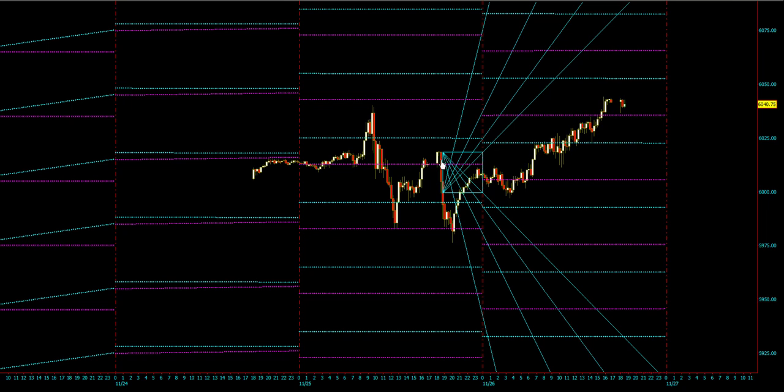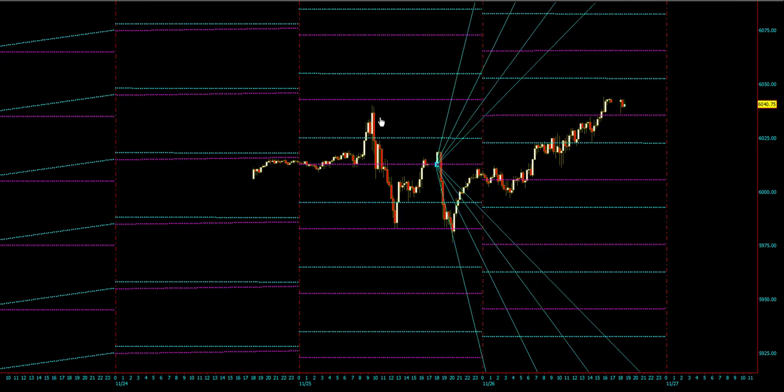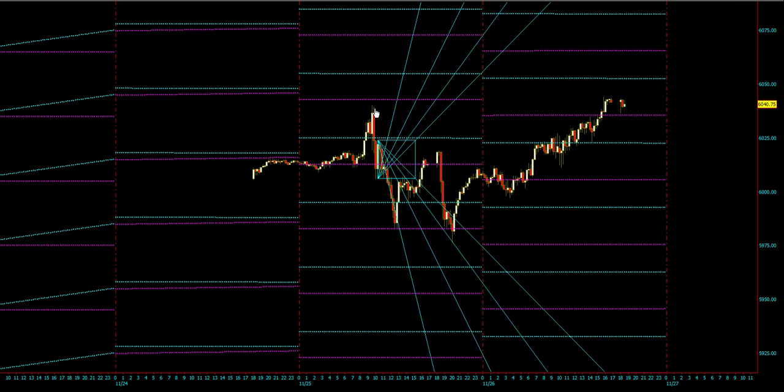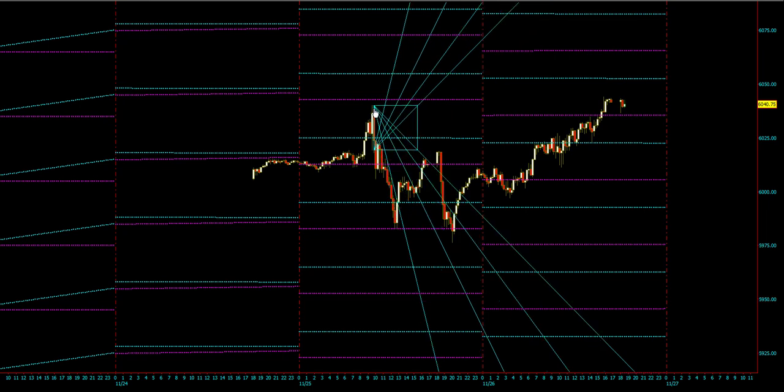So this is how Gann was saying, okay, to trade this, the trend has changed once you have flipped on the other side of 45 degrees. It flipped on the other side of 45, right here. This is 45.